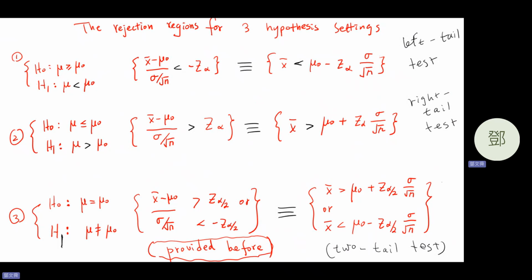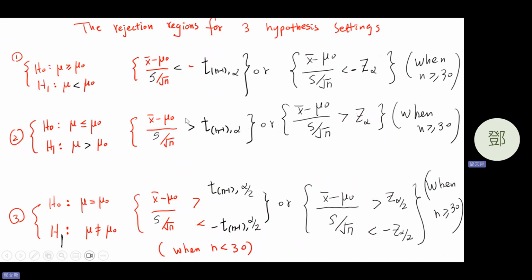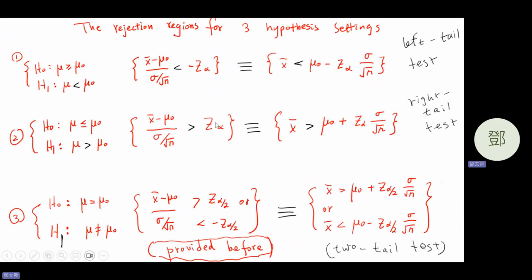When it comes to a two-tailed test, there are two directions, bigger and smaller, but we can summarize into this one. So you see six formulas here; in fact, all you need to memorize is only the first one. If you can do the first one, then you can do the second, third, fourth, fifth, and sixth. Understand?